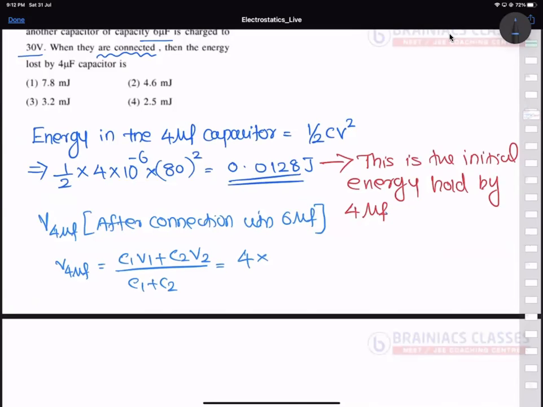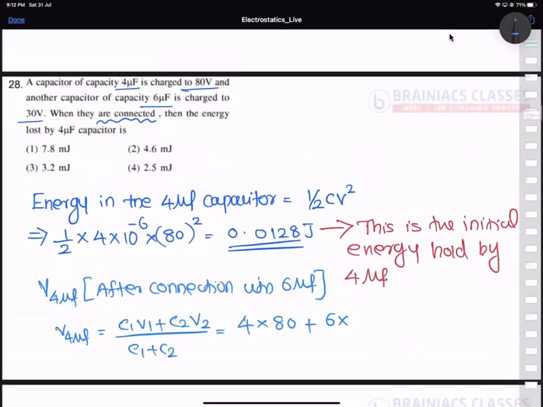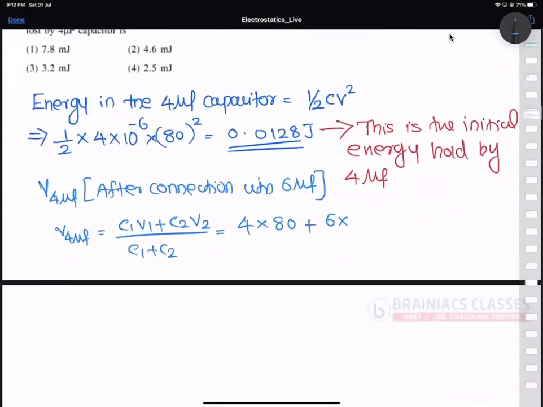So 4 into V1, which is 80, plus C2, which is 6, into the voltage across C2, which is 30 volt as given in the question, divided by C1 plus C2, which is 4 plus 6. That comes to 320 plus 180, which is 500, divided by 10, which is equal to 50 volt.